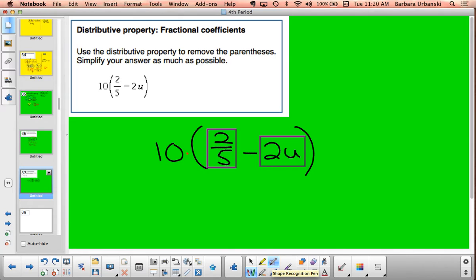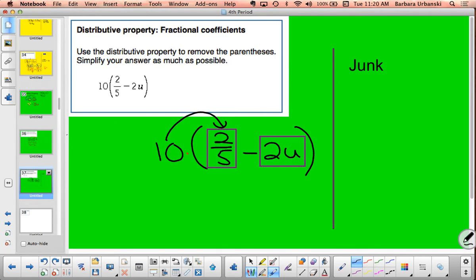I'm going to go ahead and I'm going to have to multiply 10 and I will multiply it by 2/5. You could do that in your junk column over here. And so taking a look, I would have 10 over 1, because I'm multiplying by a fraction, times 2/5.